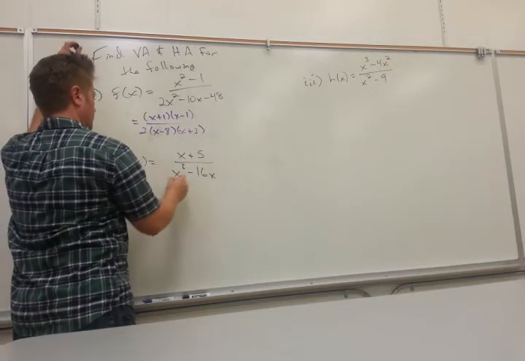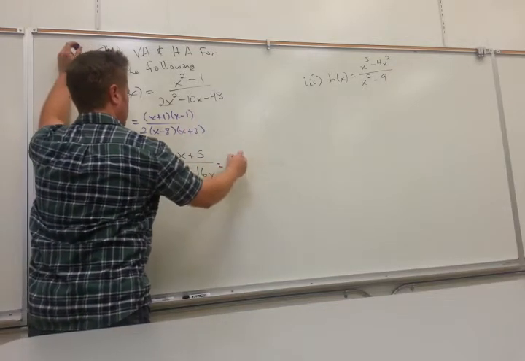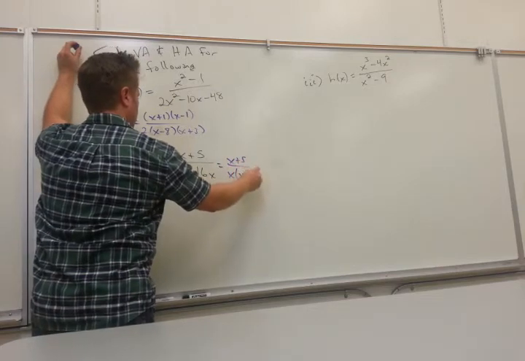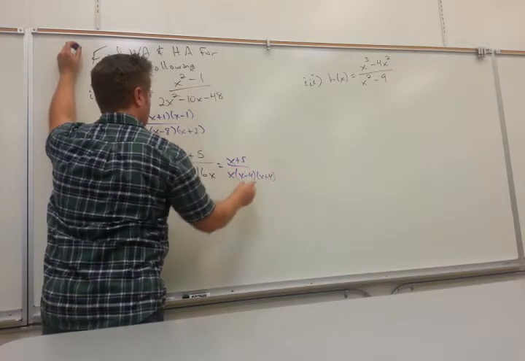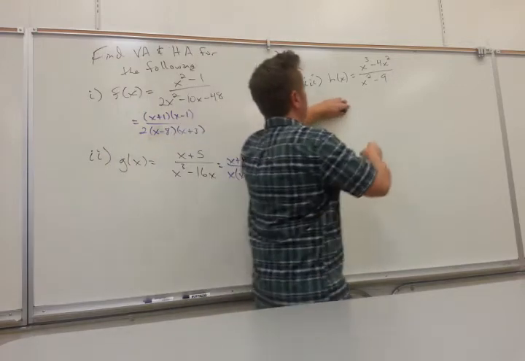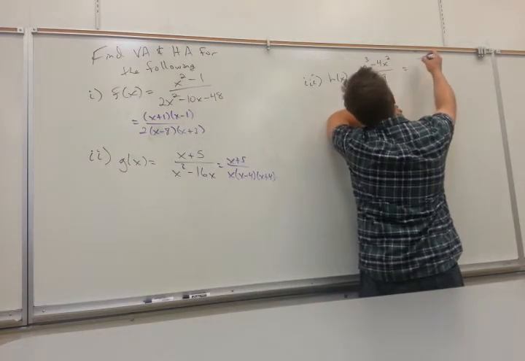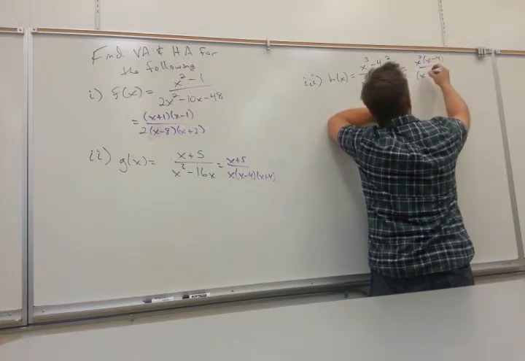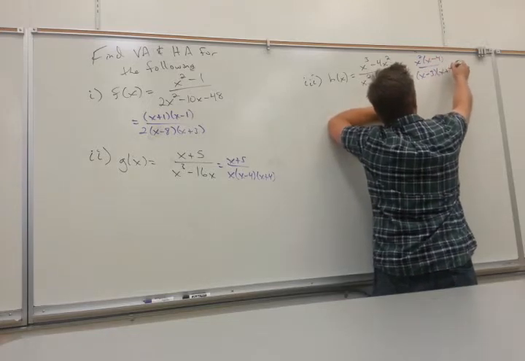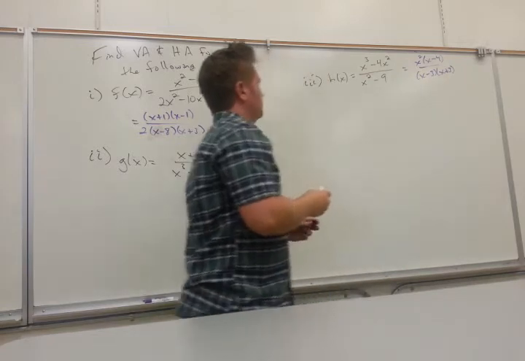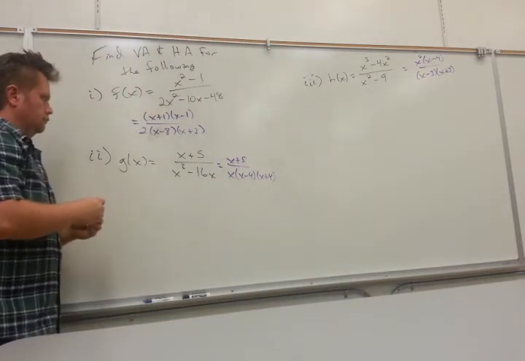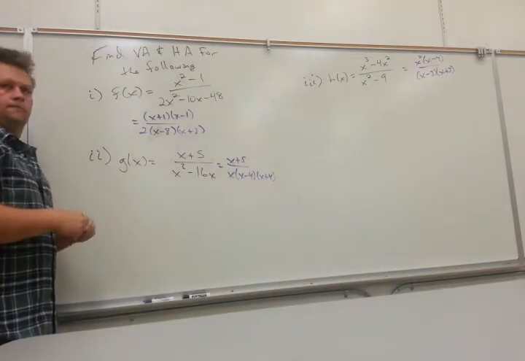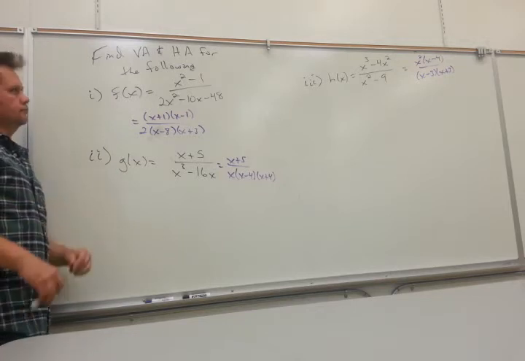So x equals 4, and x equals minus 4, and there's no horizontal asymptote because as x goes to infinity, x over x cubed, 1 over x squared, as x gets really big, 1 over x squared gets really small. So there's no horizontal asymptote.